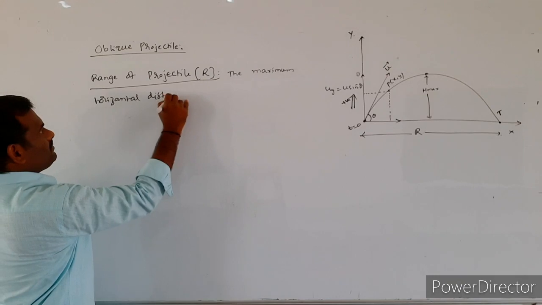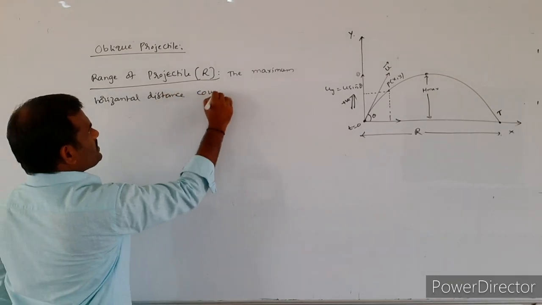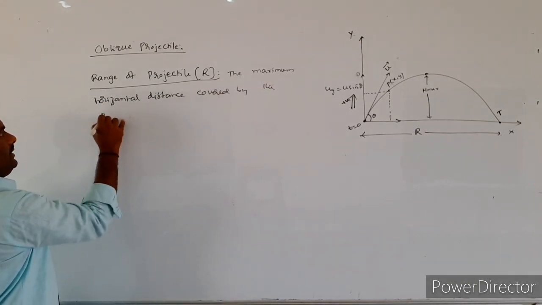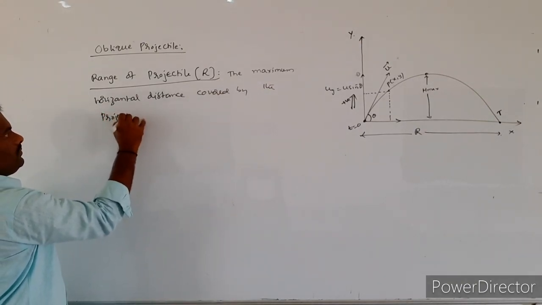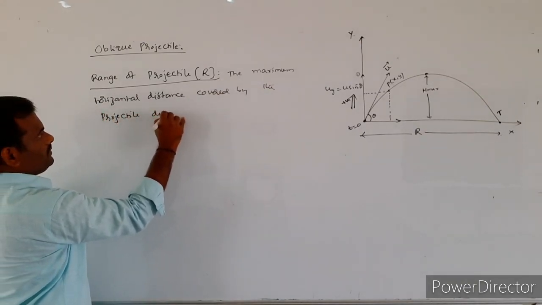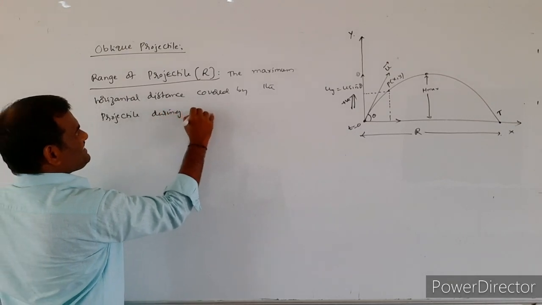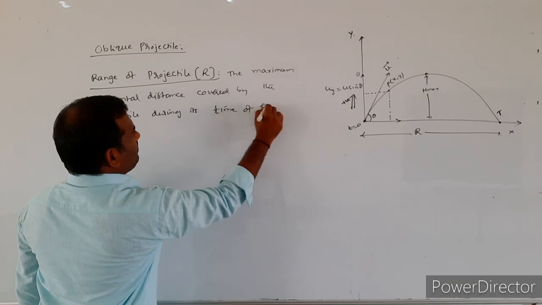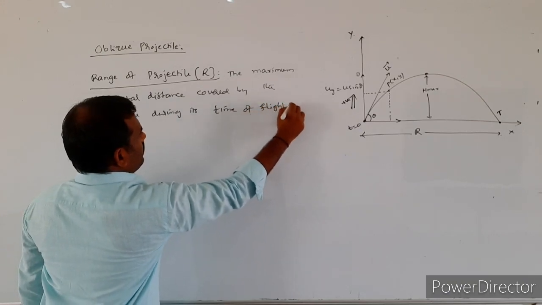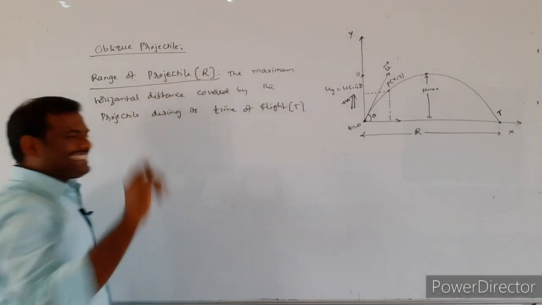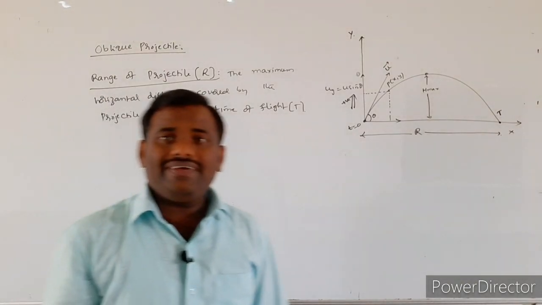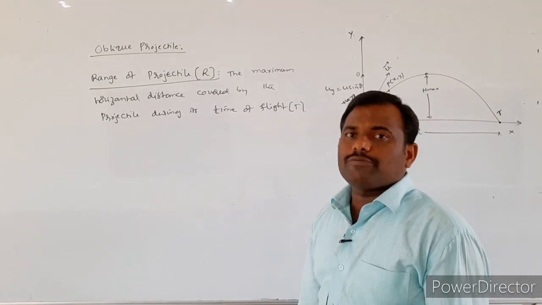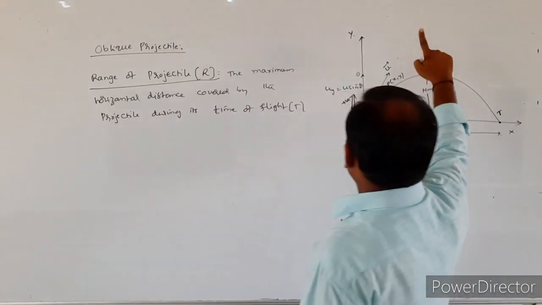The maximum horizontal distance covered by the projectile during its time of flight. In the previous case, the maximum height is the displacement covered along the vertical direction.